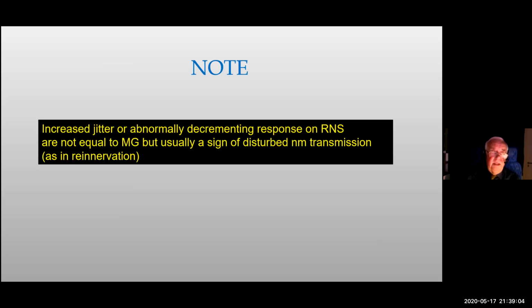And that can be re-innervation, very typical, because there we have problems in the neuromuscular junction, electrolyte disturbances, and many other things. So increased jitter is specific for disturbed neuromuscular transmission. It is not specific for myasthenia.